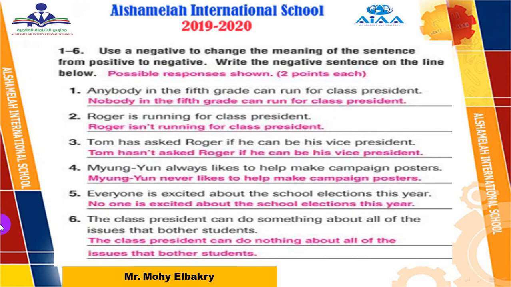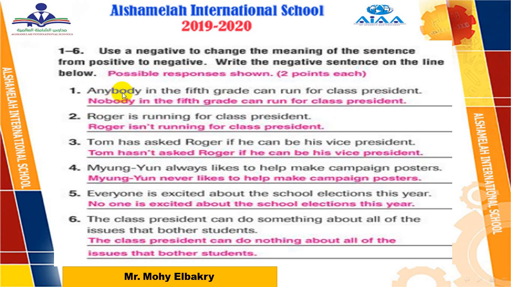Use a negative to change the meaning of the sentence from positive to negative. Write the negative sentence on the line below. Number one, anybody in the fifth grade can run for class president. If you want to change this sentence into negative, here we have the word anybody, and instead of it you can use nobody.